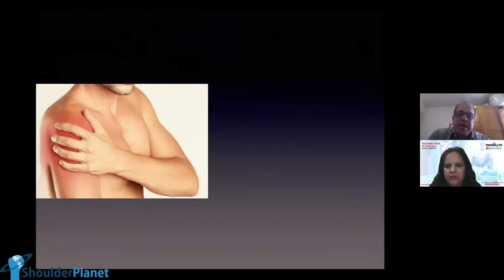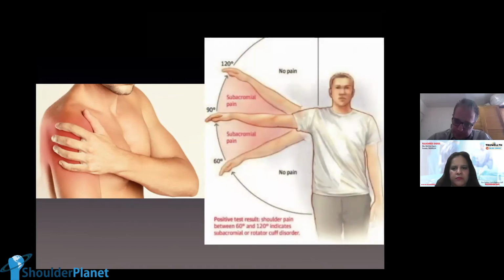So the clinical scenario is very typical, okay? So we have some symptoms that are very typical. So first of all, rotator cuff tear leads to a pain in the lateral side of the shoulder and a pain in the anterior part of the shoulder, in front of the shoulder.